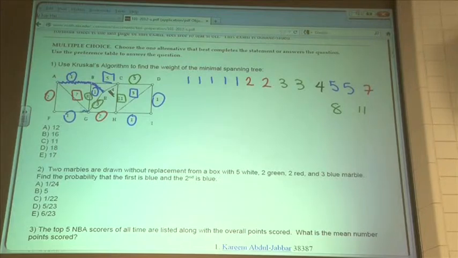Let's see, this one, 1, 2, 3. That one down the side. I feel like we're missing another 1 somewhere. And this one down here. Right? So far, no circuits. But we don't have a tree yet. We haven't covered all of our vertices.